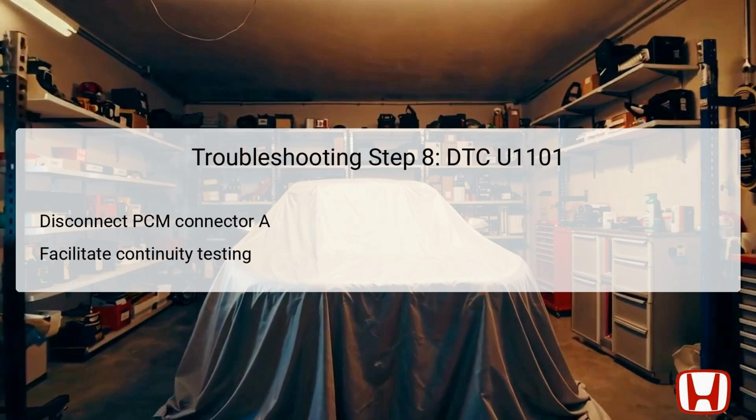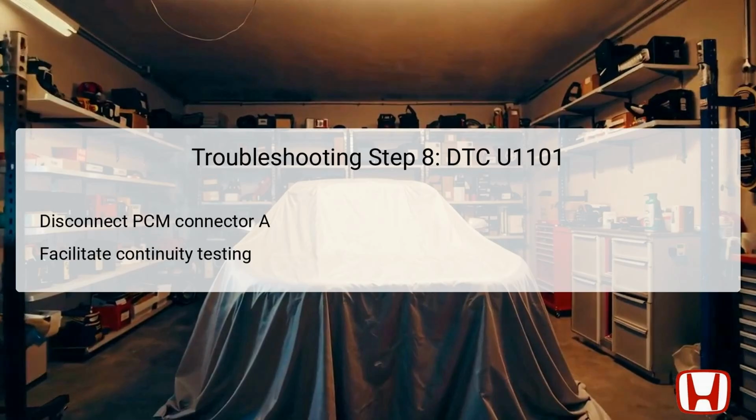U1101. Next, disconnect the PCM connector A, which has a total of 49 pins, facilitating the next phase of the diagnostic process. The PCM is a key player in receiving and transmitting data within the FCAN system, meaning that correct functioning is pivotal. The disconnecting task permits the technician to perform continuity checks between various terminal connections within the circuitry.